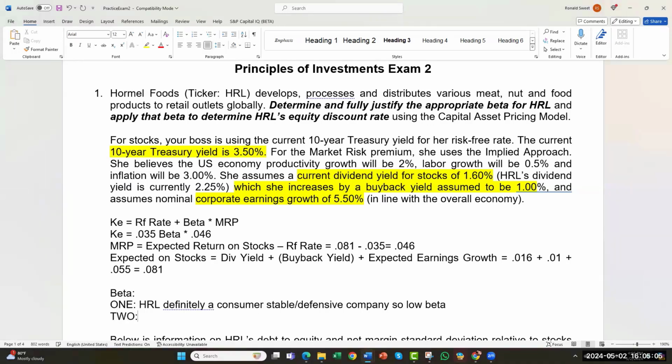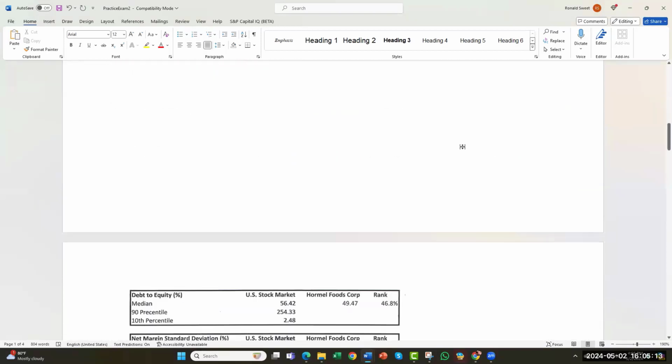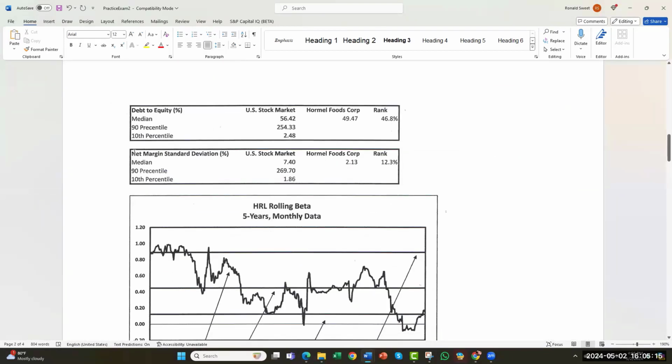Second thing we're going to look at is the operating leverage. I don't know much about Hormel, but let's look at their net margin standard deviation. And remember, this is not their net margin. This is the standard deviation of the net margin. So don't tell me Hormel's margin is 2.13%. This is the standard deviation.